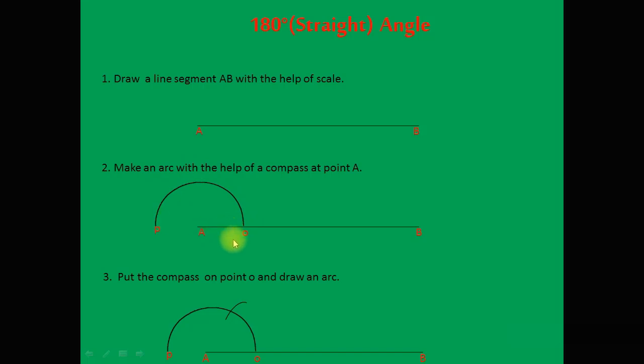Now put the compass at this point O with the same radius. Don't disturb the compass. Put the compass at this point O and draw an arc.